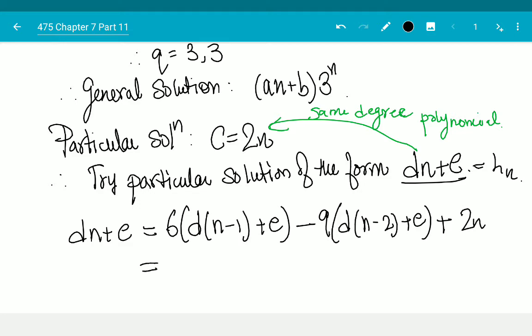Which is equal to 6dn minus 9dn, so negative 3dn plus 2n, so negative 3d plus 2 n, plus 6e, oh, sorry, minus 6d plus 18d, so 12d, plus 6e minus 9e, so minus 3e.